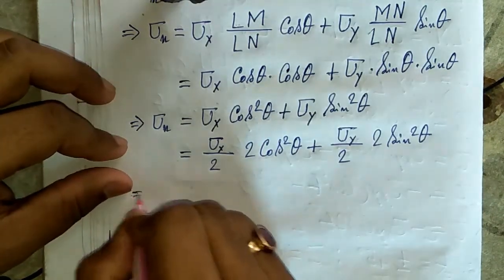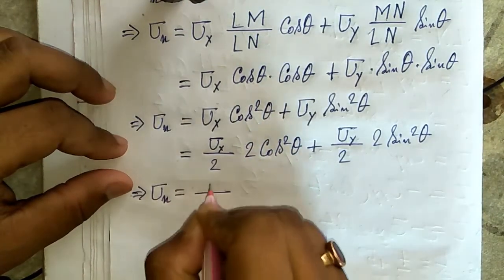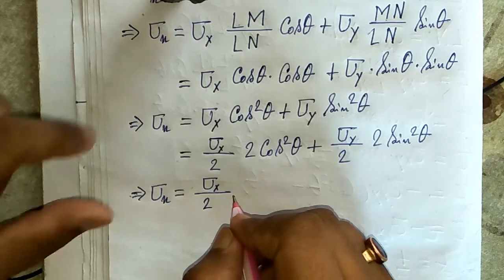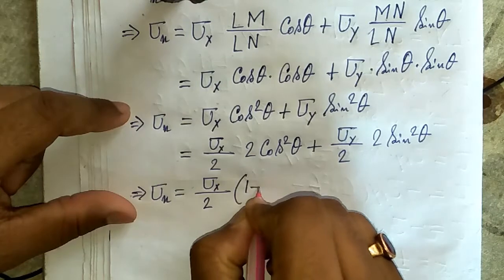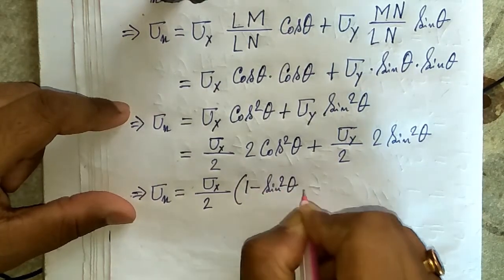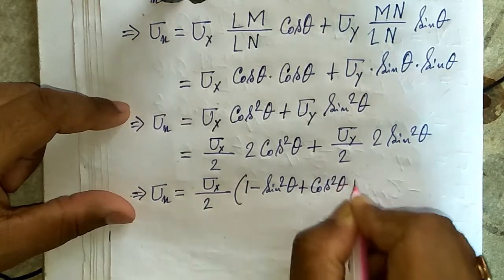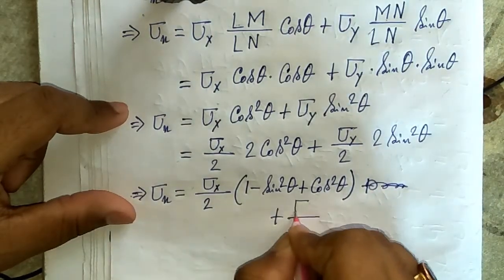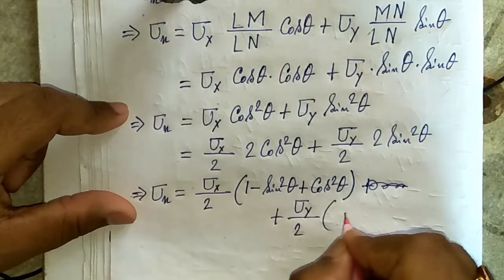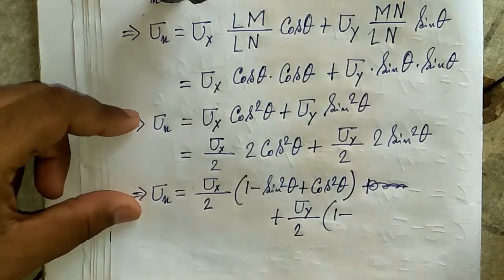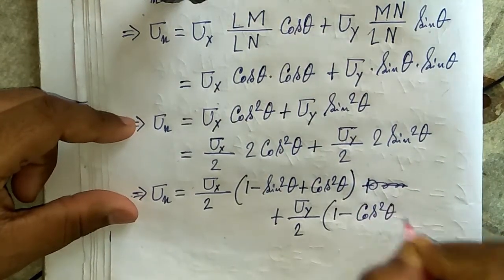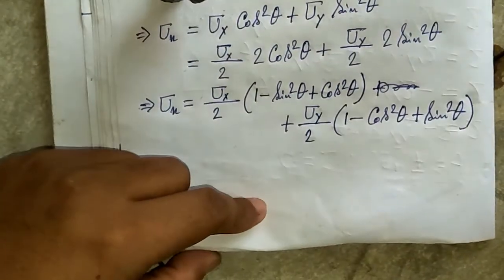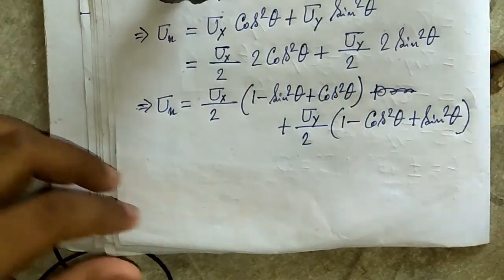We can write sigma n equals sigma x by 2 into, for 2 cos square theta, 1 minus sin square theta plus cos square theta, plus, in the next line, sigma y by 2 into 1 minus cos square theta plus sin square theta.